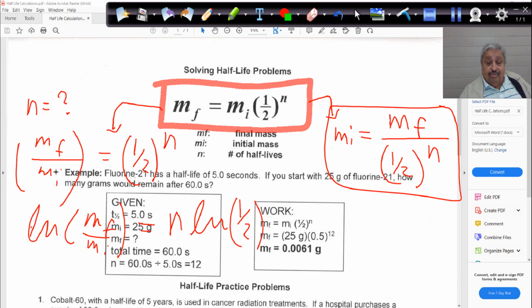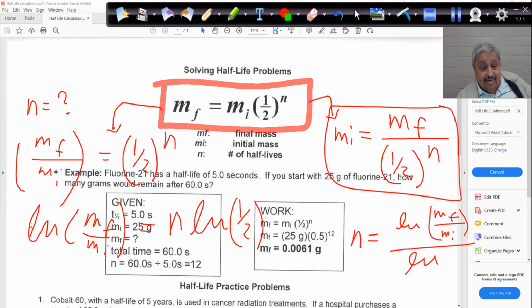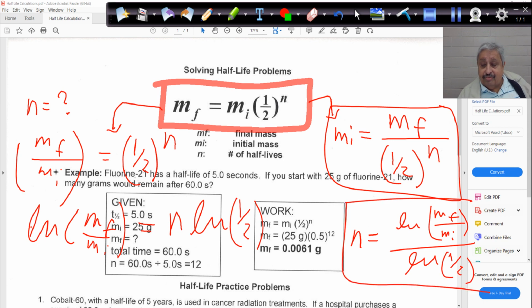Yes. n will be ln of final over initial, divided by ln of half. So now we have two sub-formulas after the one main formula. Again, this one will not come, but at least always remember there is a main formula and there are some sub-formulas out of it.